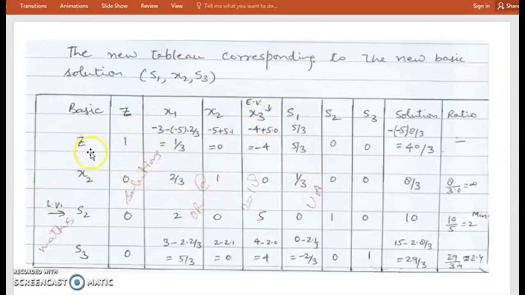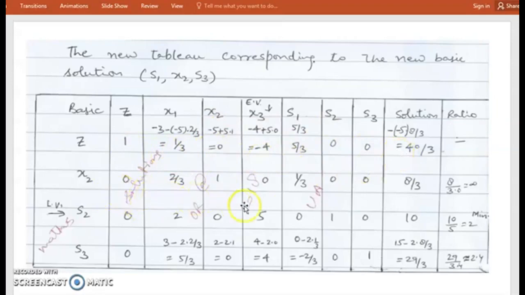Here z is the same, s1 has been replaced by x2 because it has entered, s2 and s3 are there. This is the calculation for x1 using the formula, and the calculation for x2 using the formula. So we get these values: 1, 1/3, 0, -4, 5/3, 0, 0, and 40/3.